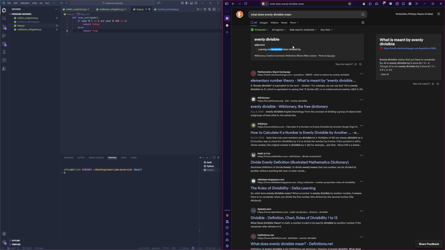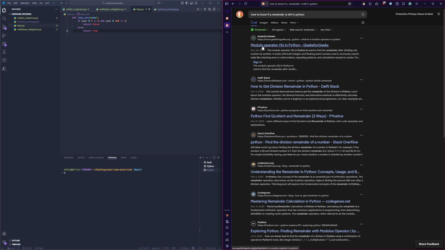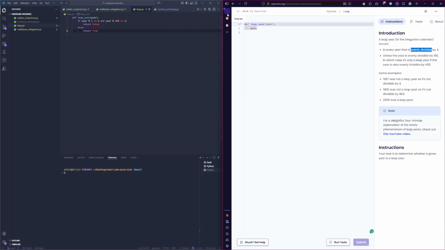So if I do the modulo operator, which is used to find the remainder, I can say if I divide by 4 and it does not return a 0, then that is false, because in here it says evenly divisible by 400, and I gotta figure out how to do that 100. But this is just a test for right now.